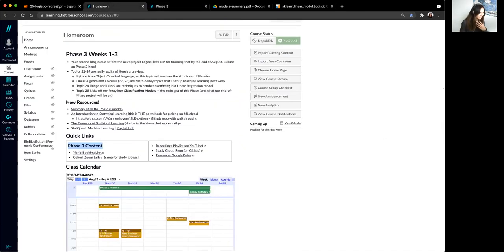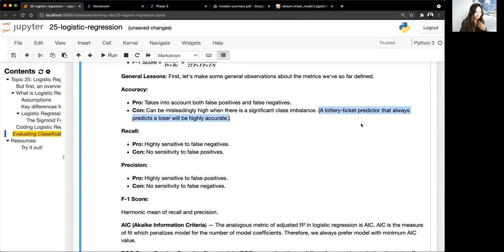So imagine a scenario where here they talk about a lottery ticket predictor. Let's just say your probability of winning the lottery, for simplicity's sake, is 1%. You have a 1% chance of winning the lottery. If you were to build a classification model to predict whether you will win the lottery or not, if your model always predicts that you don't win, your accuracy is still 99%, right?